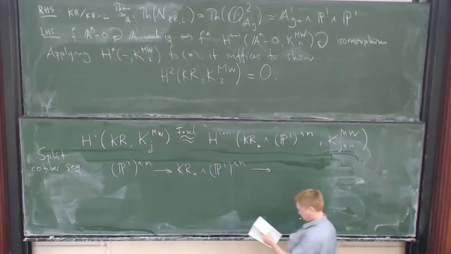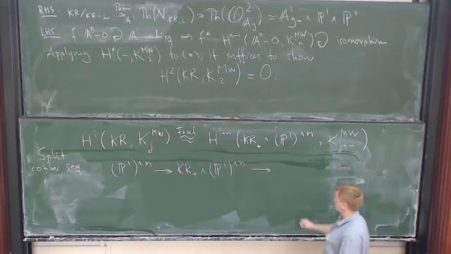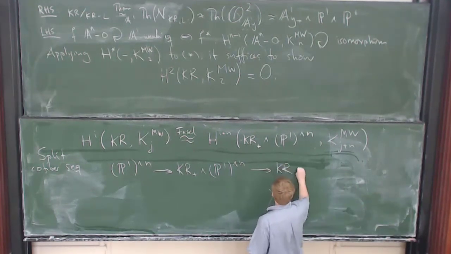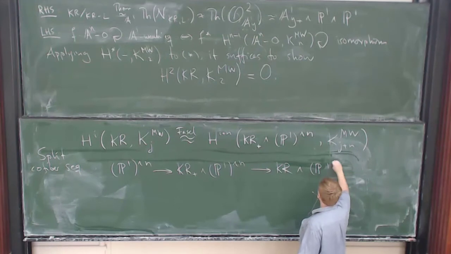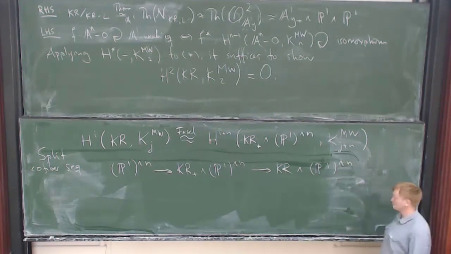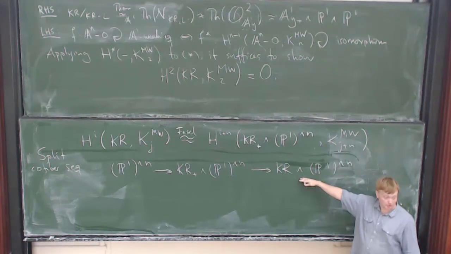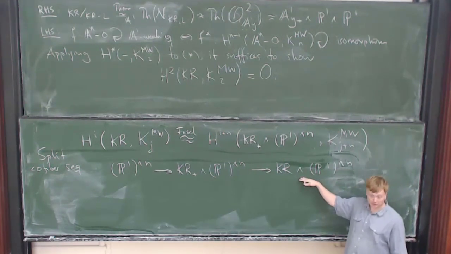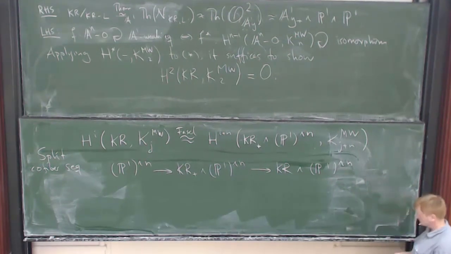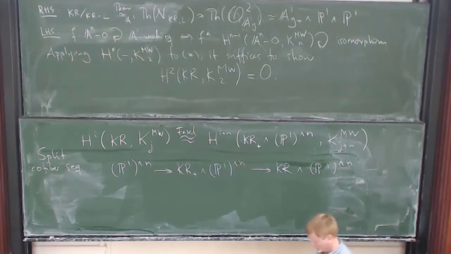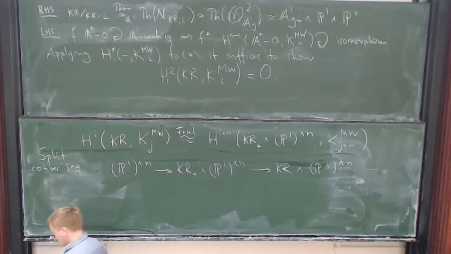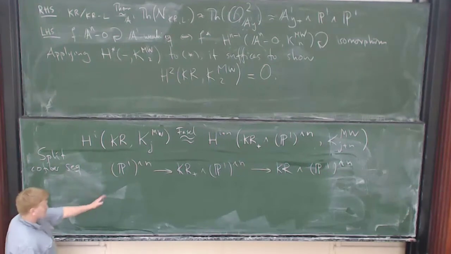And here, I just want to take K_r smashed with P1 n times, and you may ask what we mean by this here. Well, K_r has a canonical rational point, namely the origin. This sort of brings us to the stable situation.